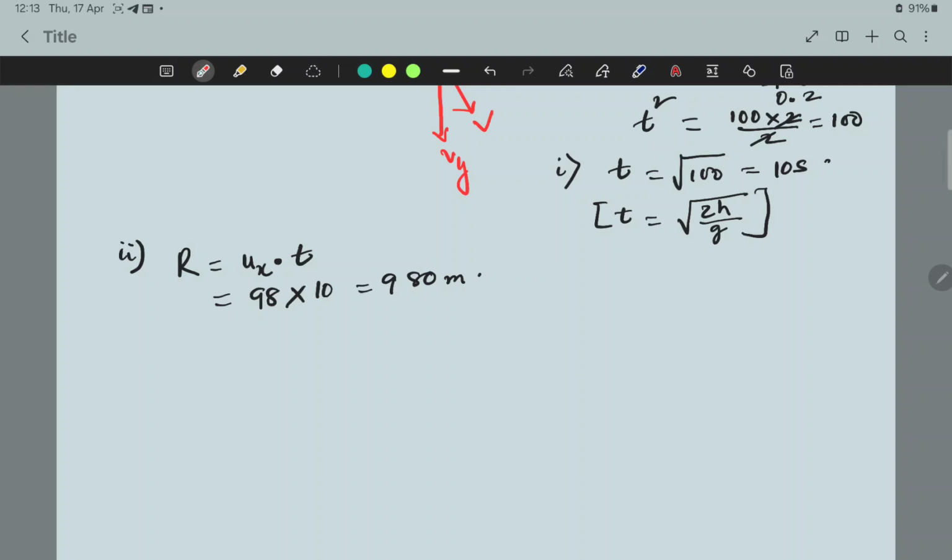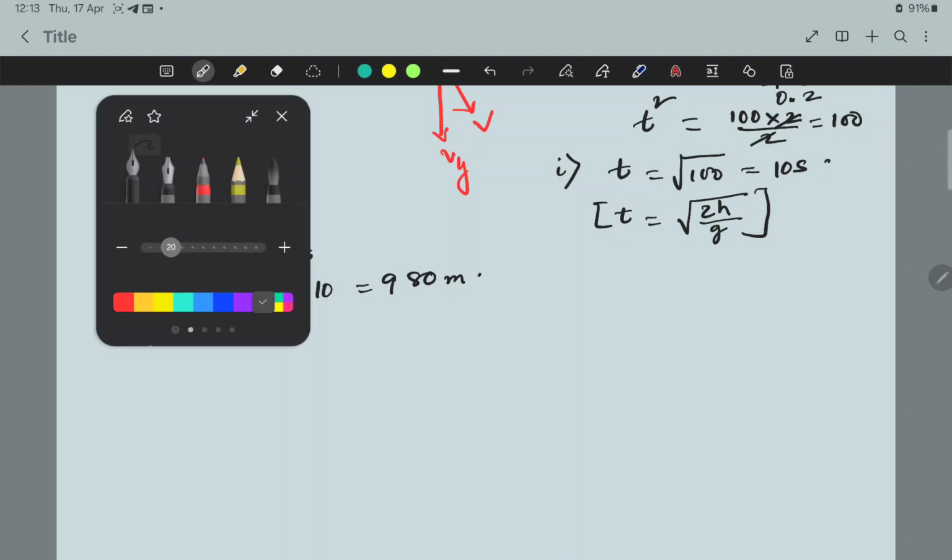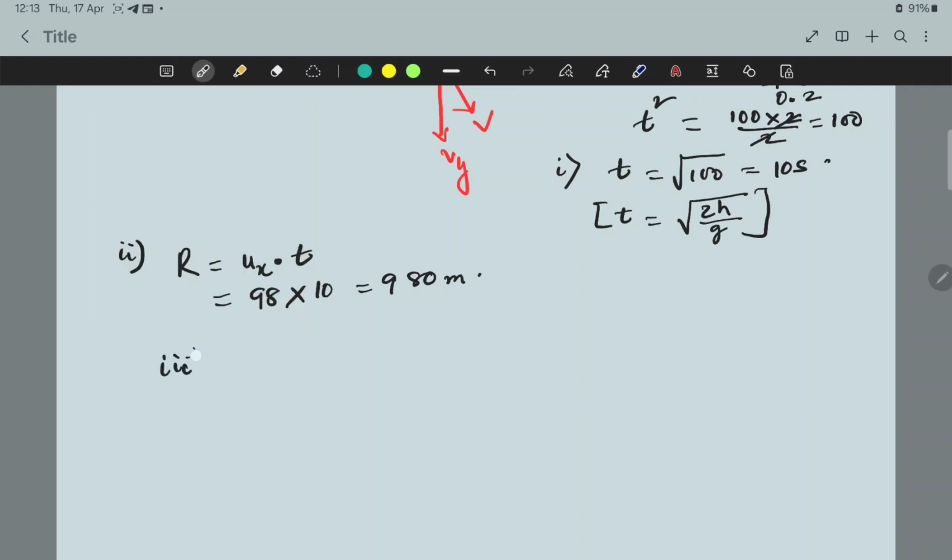So here number 3 is to find the velocity. Now V will be given by root over of Vx square plus Vy square.